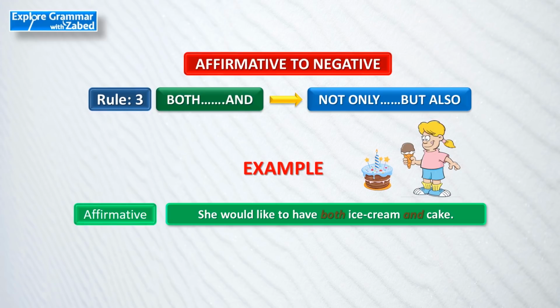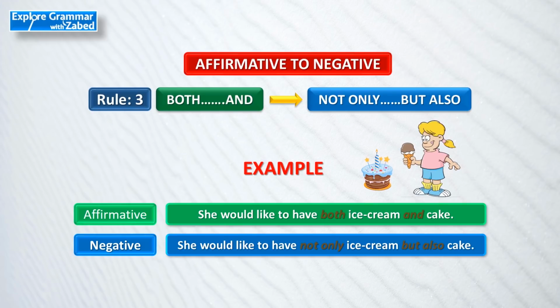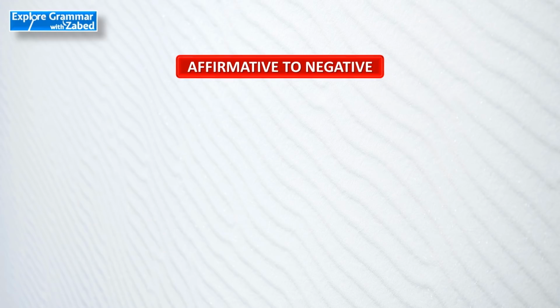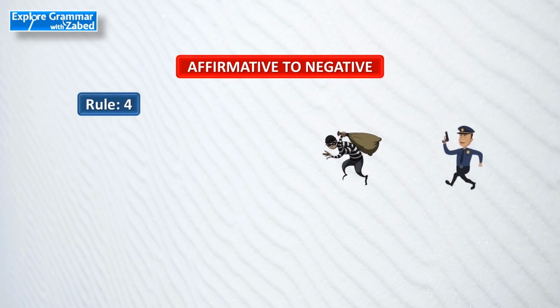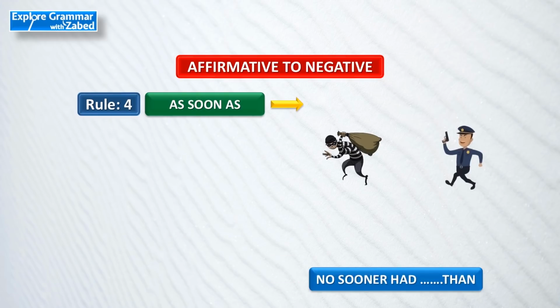Converting this to negative sentence, she would like to have not only ice cream but also cake. Take a note. While converting from affirmative to negative, we are only changing the structure but not the meaning of a sentence.